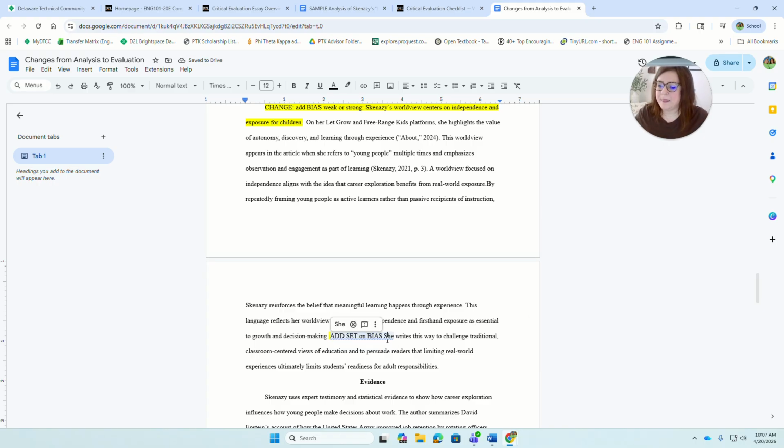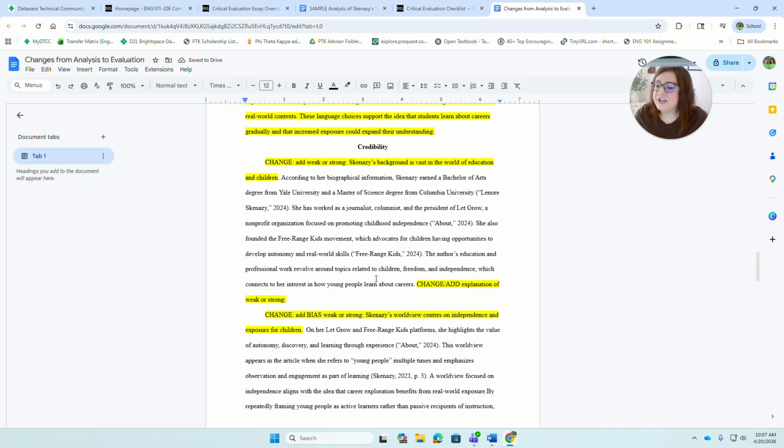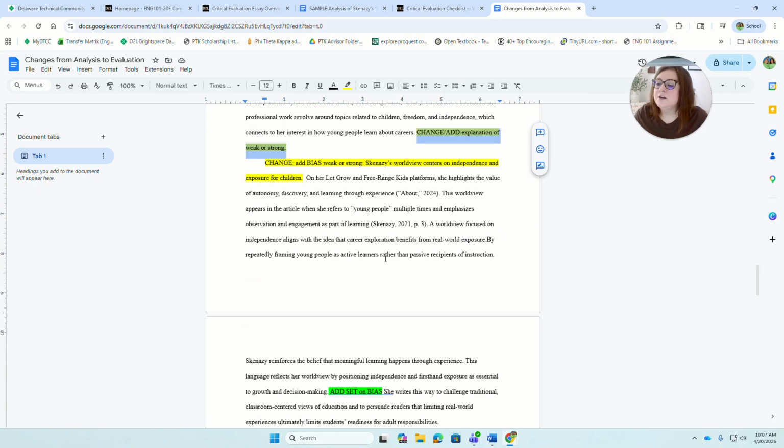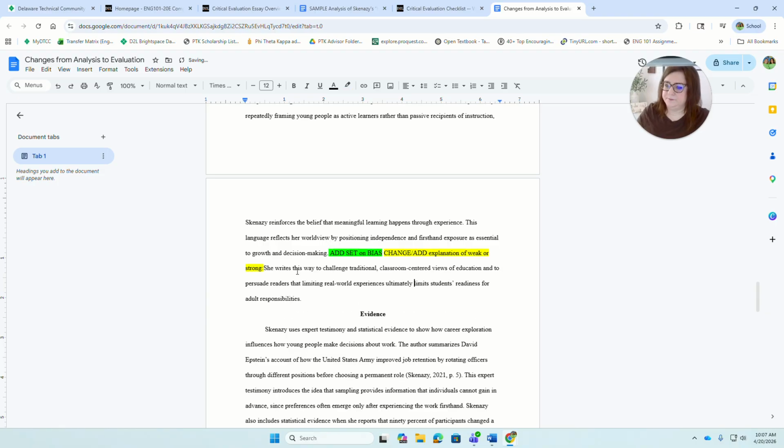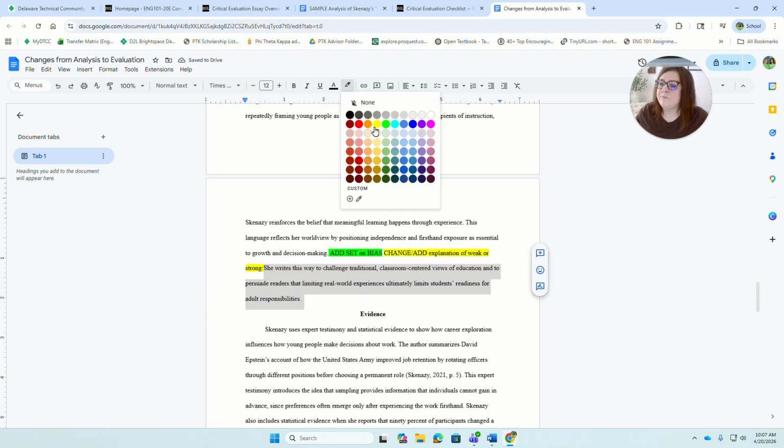Okay? I'm actually going to make this a different color so you can see it. And then here, again, I need to change or add an explanation of weak or strong to the tie-in right here.